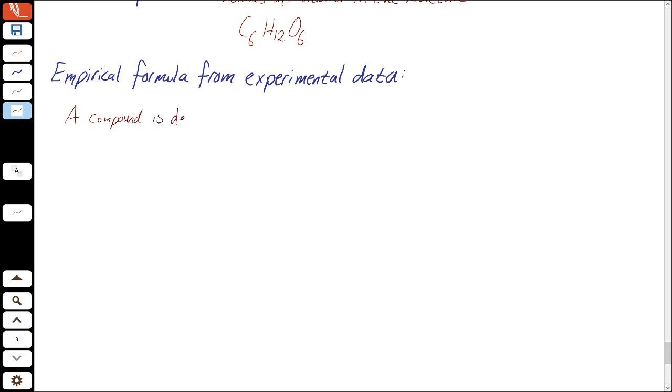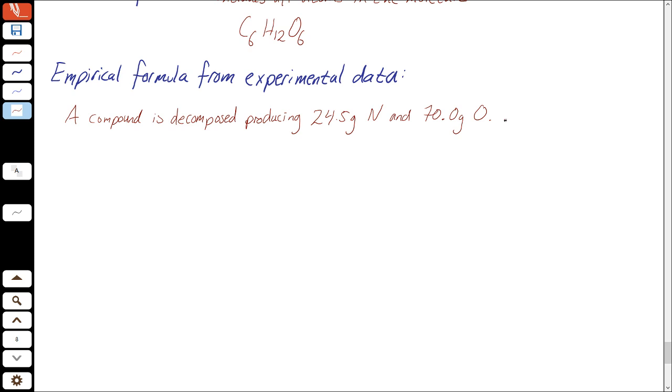A compound is decomposed, producing 24.5 grams of nitrogen and 70.0 grams of oxygen. And we want to find the formula of that compound.